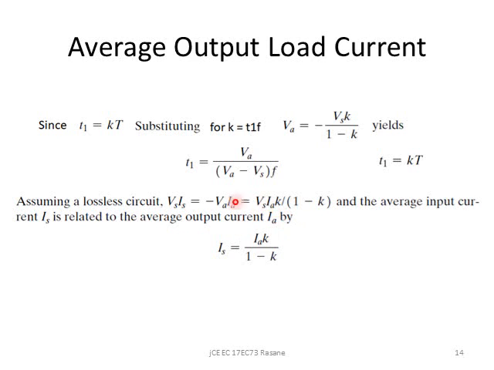Because of this, the Vs and Vs cancel, and this minus and this minus cancel, so we get Is is equal to Ia into K upon 1 minus K. Okay, so this is the relation between the input supply current and the output load current.